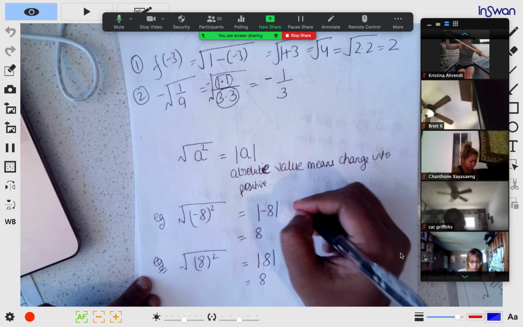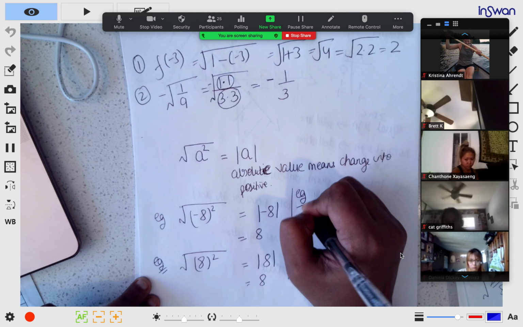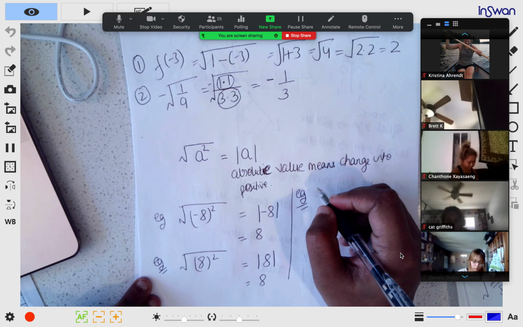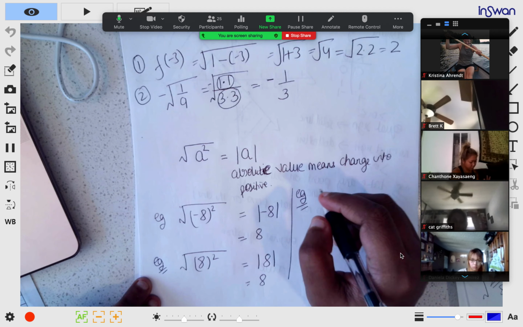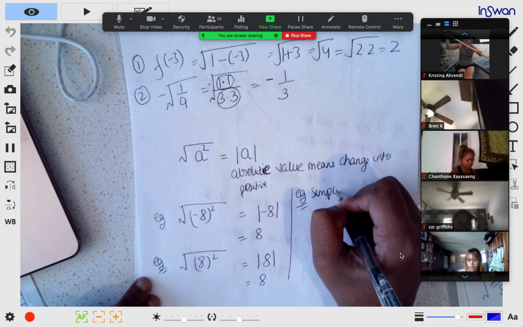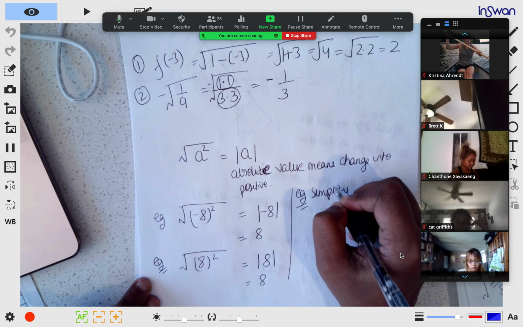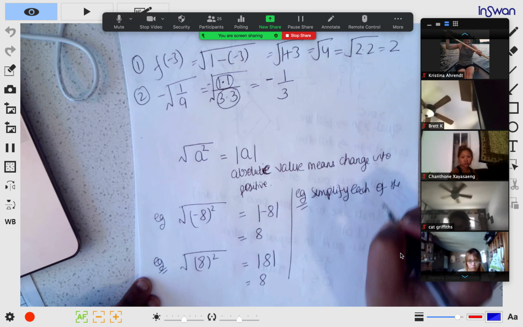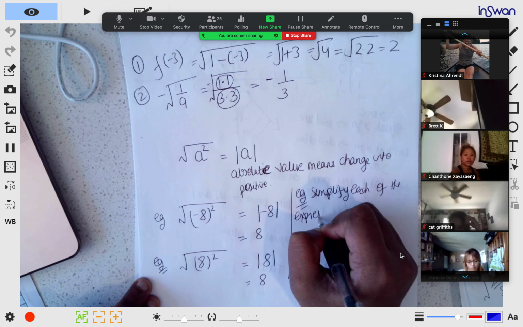Example, I take one more example here. It says simplify each of the expressions.